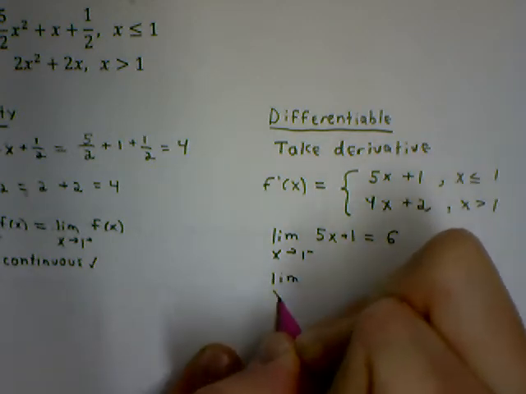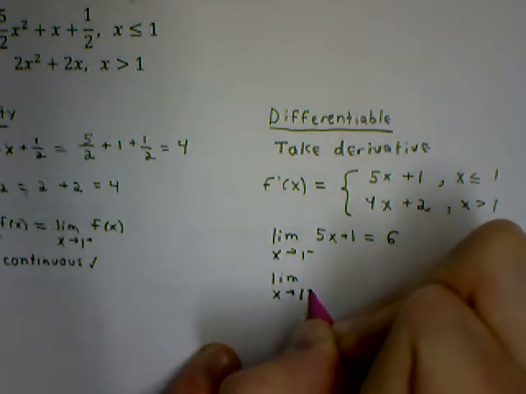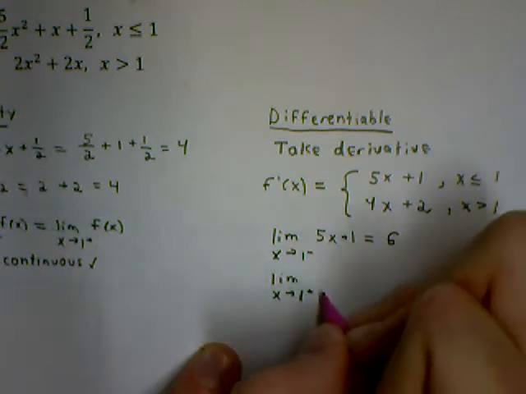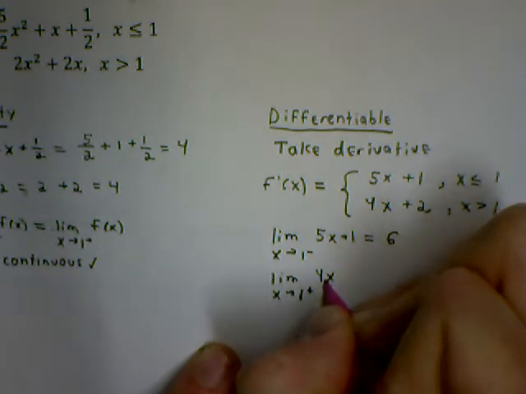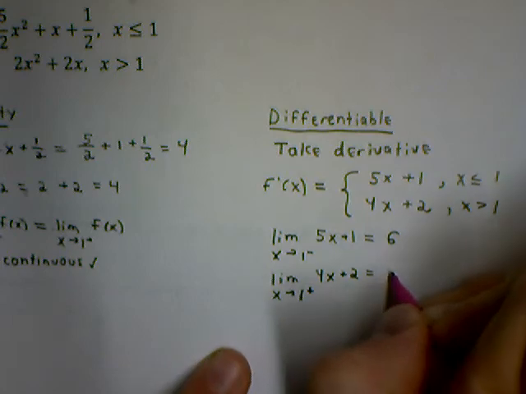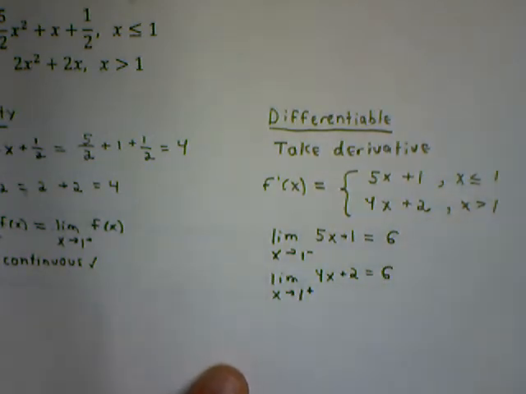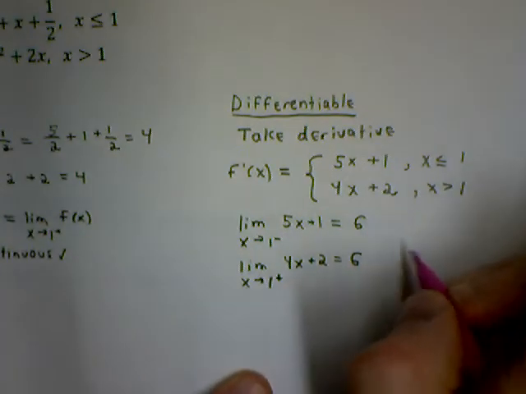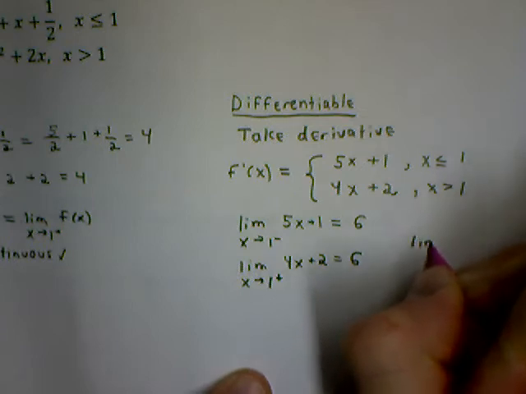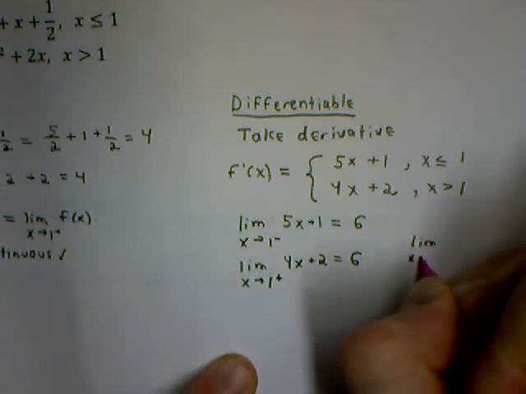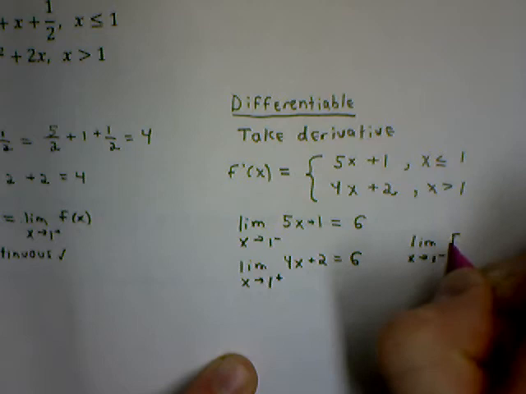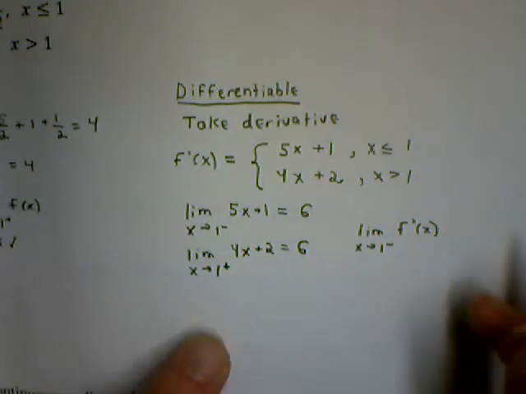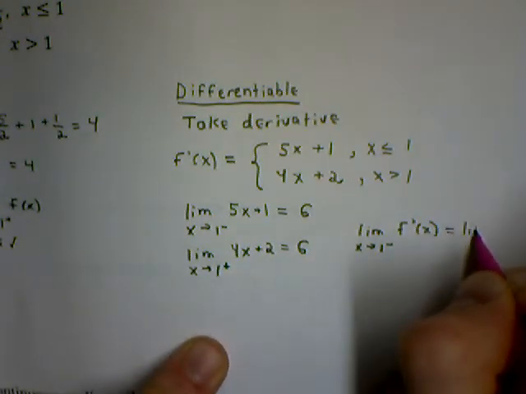Now I'm going to check the right-hand derivative. I also get 6. So now our left-hand derivative equals the right-hand derivative.